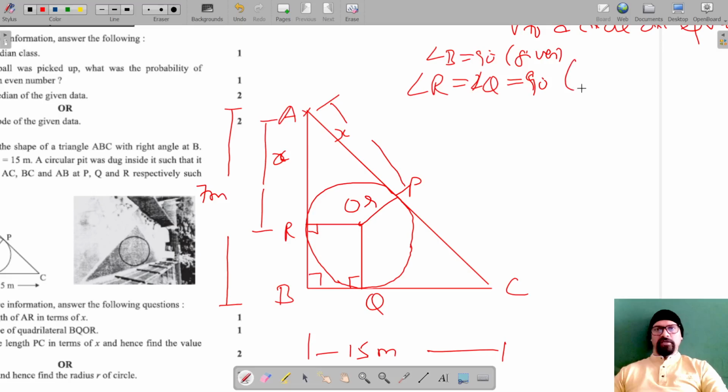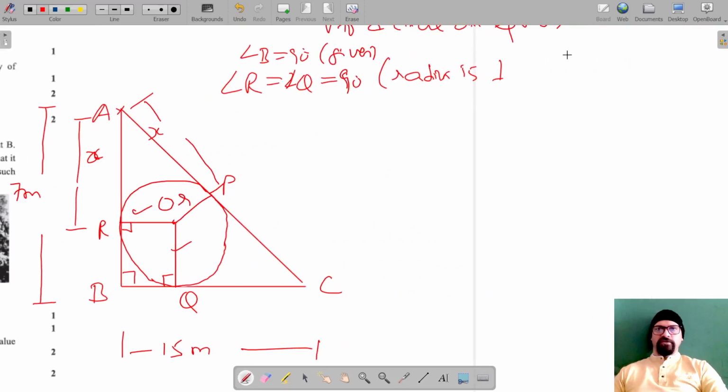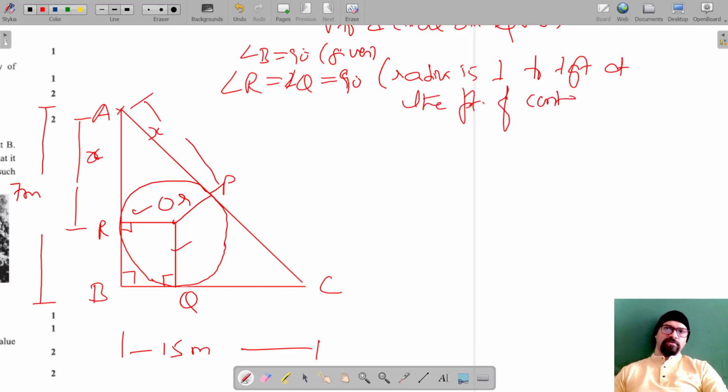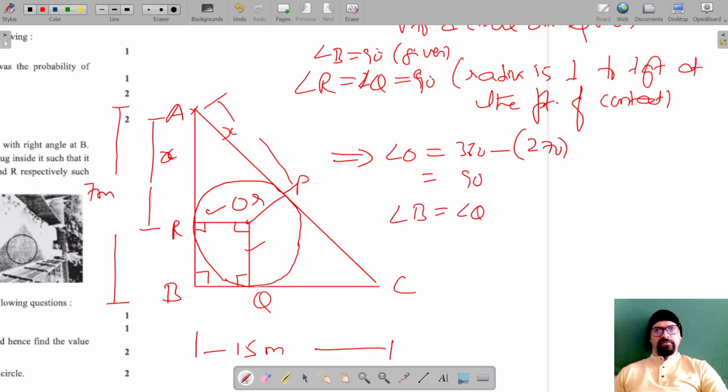And R and Q are 90-degree because OR and OQ are the radius, and we know that radius is perpendicular to the tangent at the point of contact. So these three angles are 90-degree, and if we use the angle sum property, angle O is equal to 360 minus 270, the sum of the other three angles, which is equal to 90-degree.